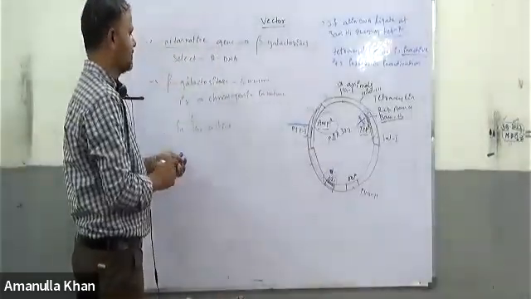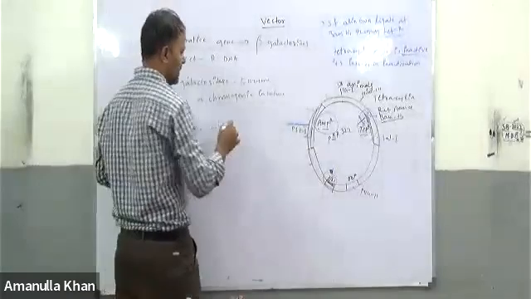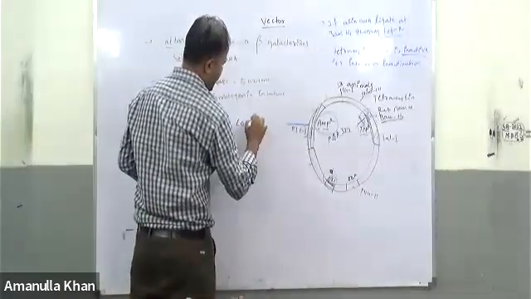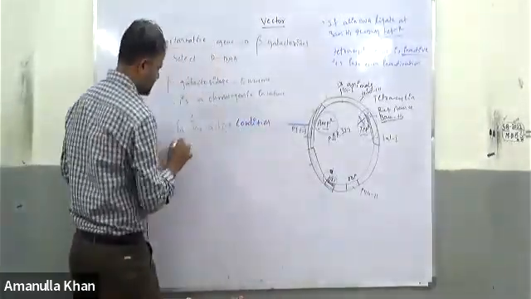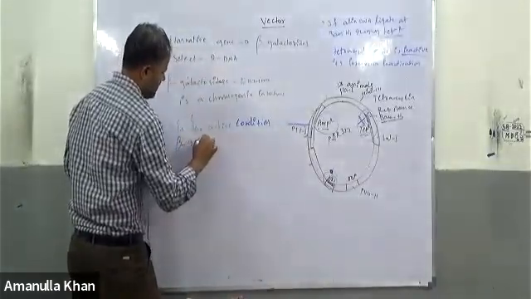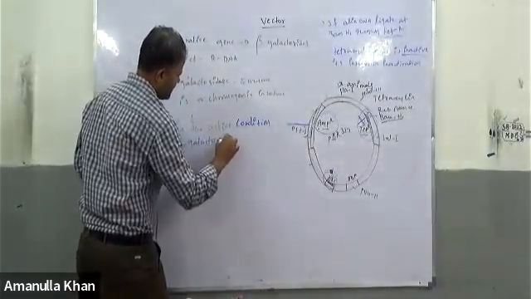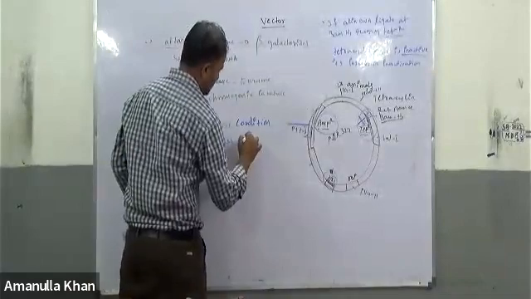In the active condition, beta galactosidase gives the blue color.